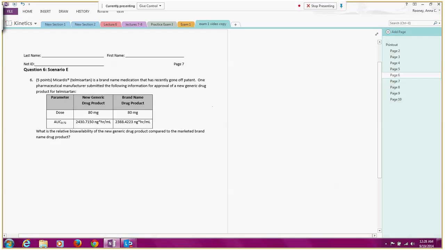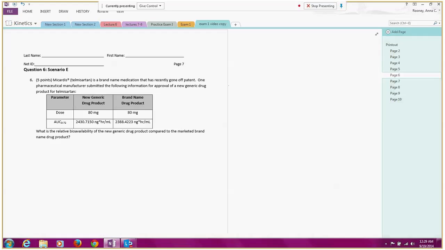So, for the first new drug product, which is the one that we are comparing to the standard, brand name is always the standard that we're usually comparing to. The reason for this is that according to the FDA, a generic drug is allowed to, I believe, have 6% variability.